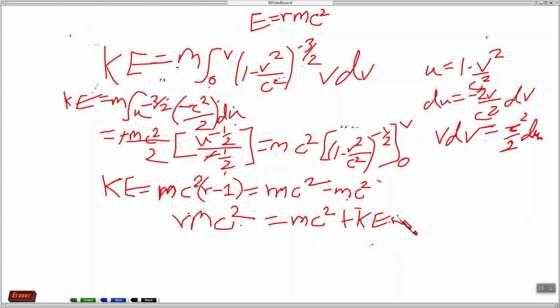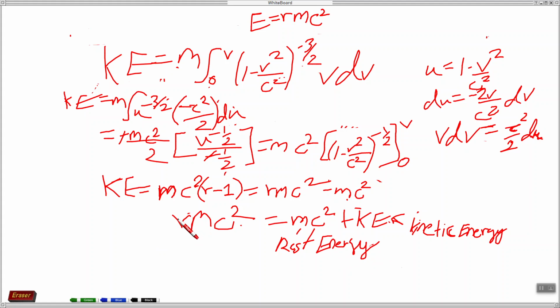This is kinetic energy. Just label these. So this is kinetic energy. This is rest energy. That's why we always kept m constant in our derivation. Rest energy.